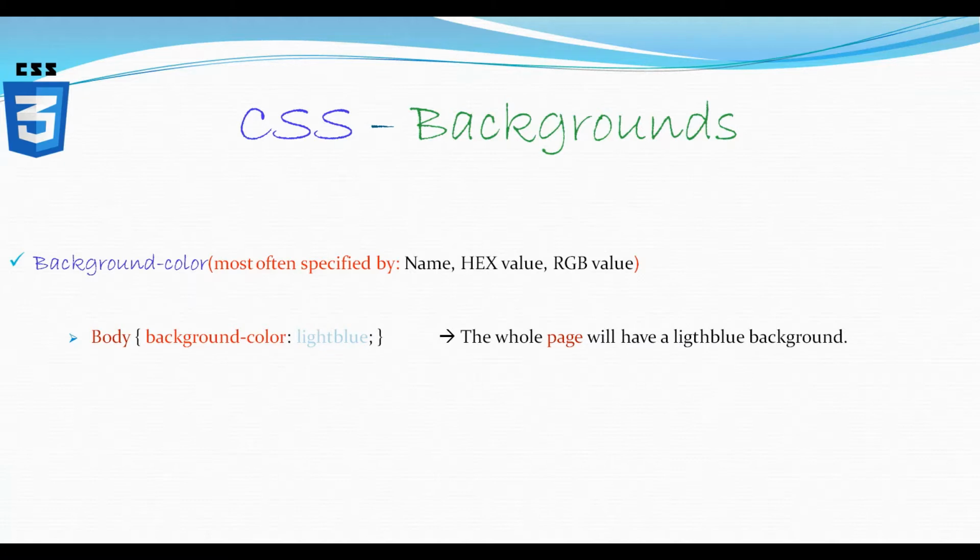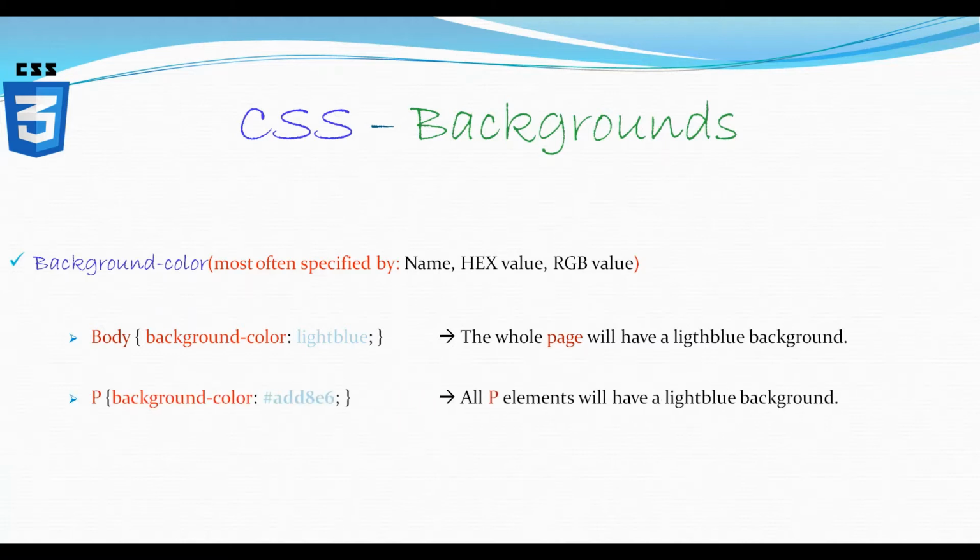So the way we do our coding, or our declaration: body stands for the whole body of the document, and then we do the background color syntax, and then the value would be light blue. So the entire body of the document would be light blue.